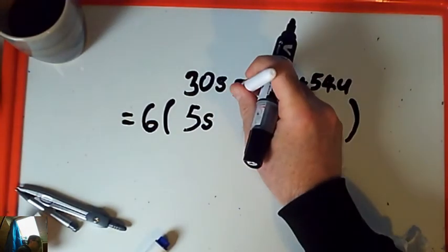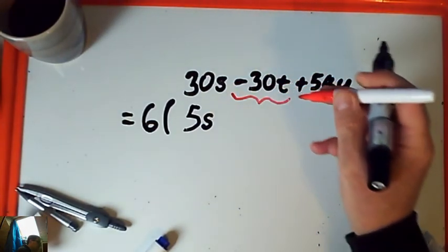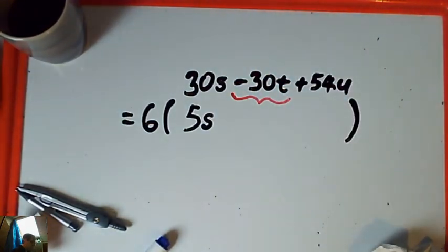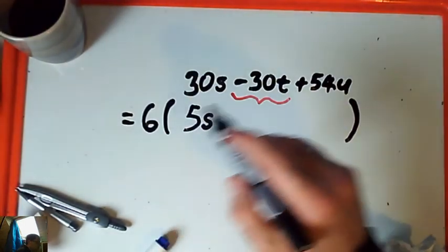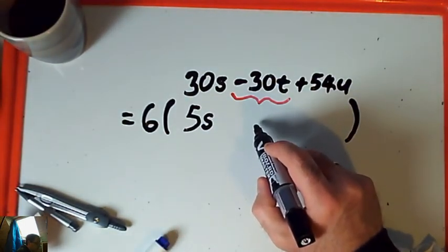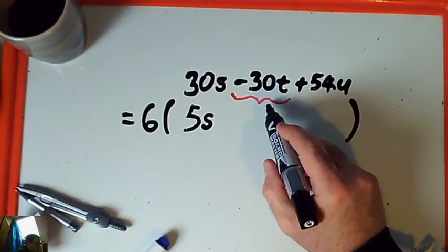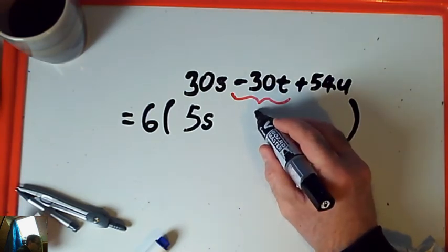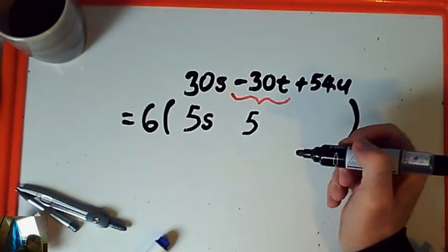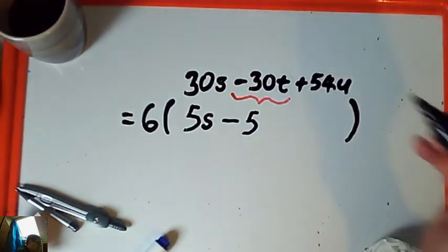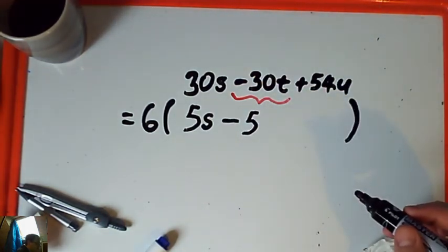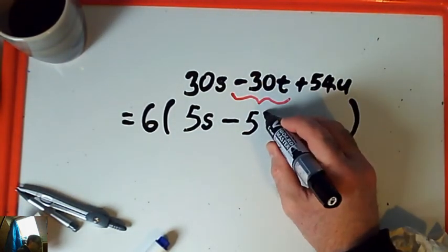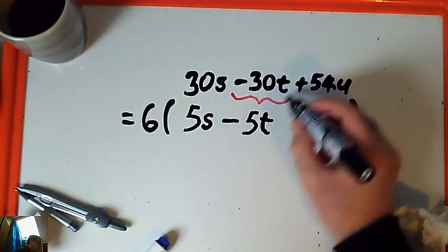Remembering this is a minus 30t. So 6 times what inside the brackets will give you minus 30t. Well, 6 times 5 will give you 30. 6 times minus 5 will give you minus 30. And 6 times minus 5t will give you minus 30t.